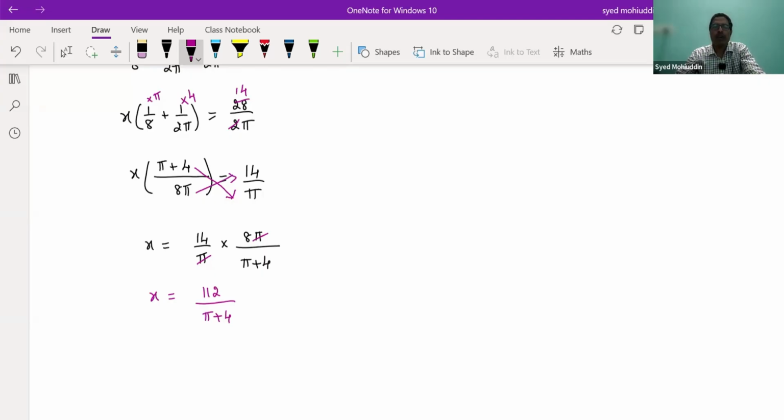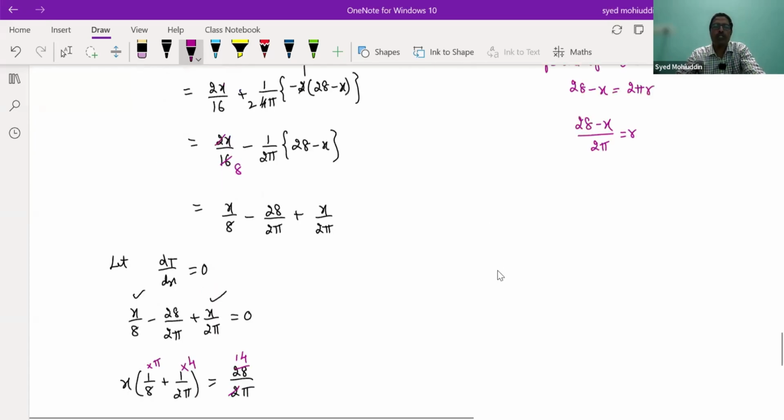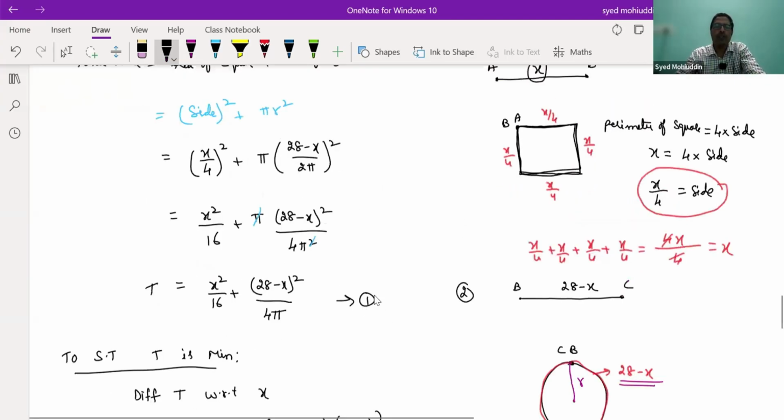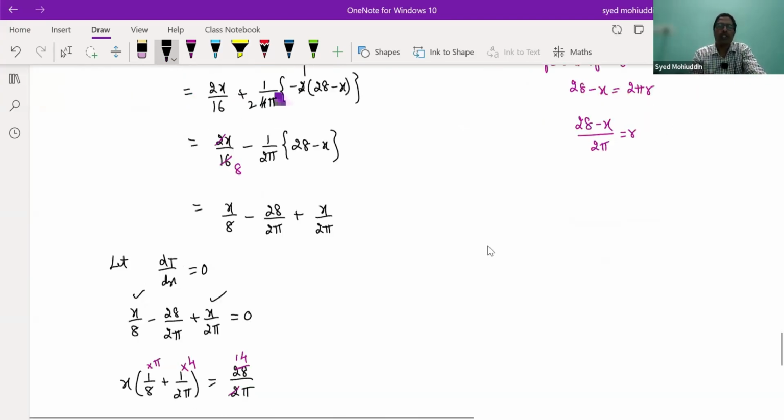Once we obtain the value of x, now we'll check whether it is minimum or maximum. We'll try to differentiate that one again. Where is that dt by dx? This one. Let me take this as some equation number. Have I taken any equation number here? Yes, I have taken equation number 1. I'll take this as equation number 2.